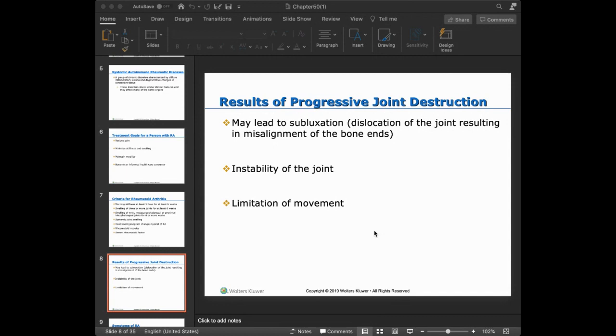So that joint gets destroyed. So when you see that, you understand what they complain about is pain in that joint. Their knees kind of feel weak. They have decreased movement. They can't bend their knees as well. You hear them grunting when they go to sit down or have difficulty bending their knees to climb the stairs because of that destruction of the joints.